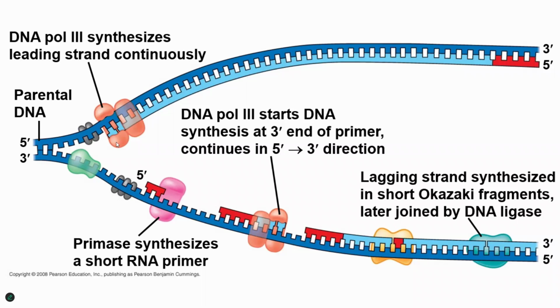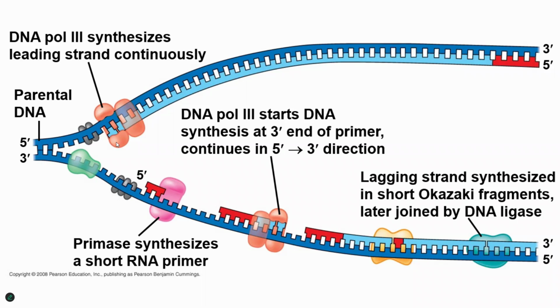So the replication fork is going to the left, and so the leading strand is being made continuously to the left. The lagging strand, however, has to be made in the opposite direction. So it has to be made this way, but the overall direction has to go to the left. So it's making it to the right, but it's moving to the left.